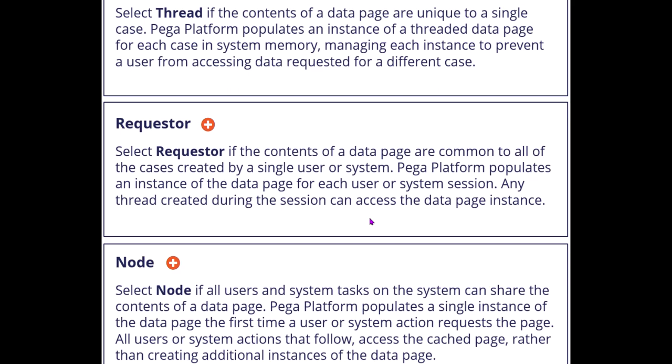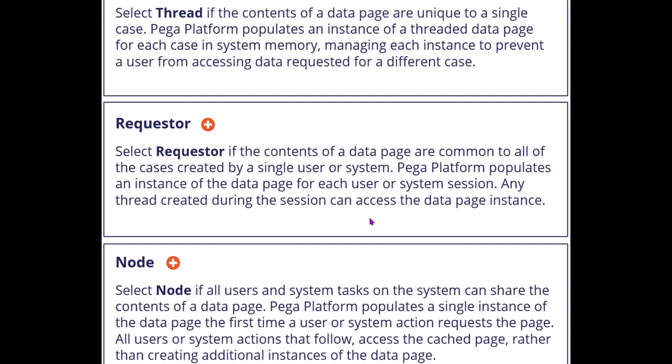So maybe you can create a node level data page. So whenever the node restarts, or maybe once in a year, you can load the list of all countries into the node level data page, and in whichever service case, for whichever requester, whichever operator wants to access that list of countries, you can directly get them from this node level data page.